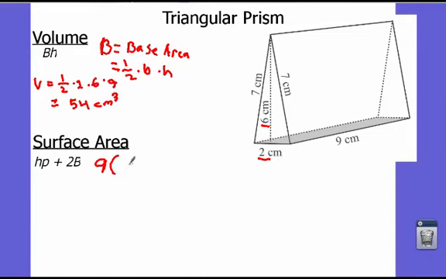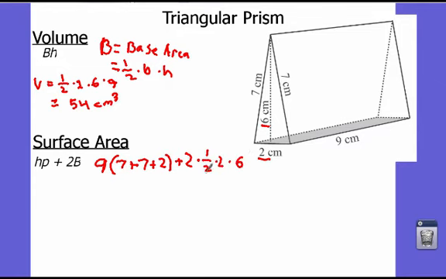Then we're going to multiply that by the perimeter. Well, remember to find the perimeter, we just add up all the sides. So that's 7 plus 7 plus 2, plus 2 times the base area. So that's 2 times 1/2 times 2 times 6.